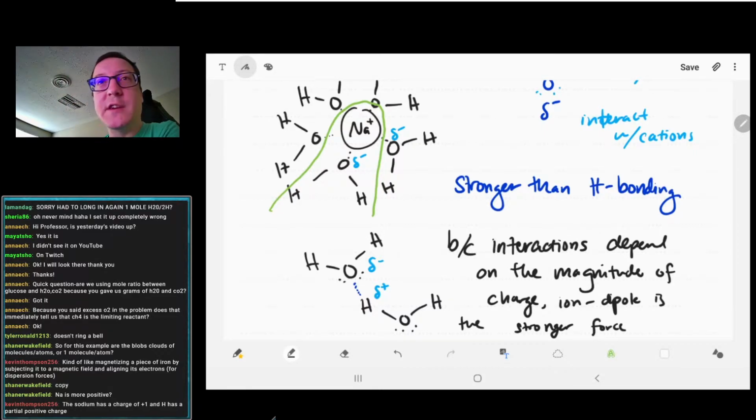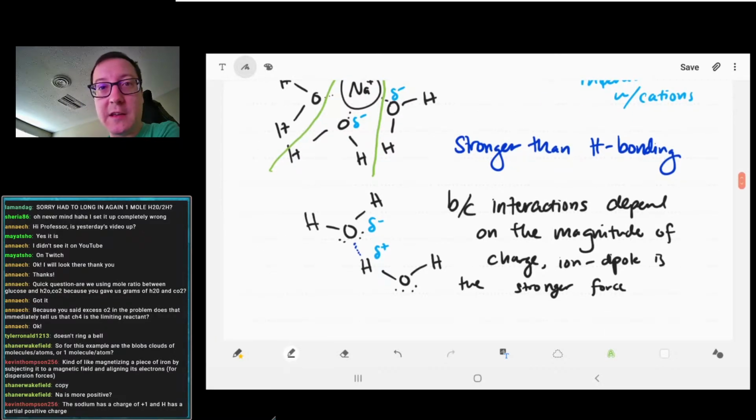Hydrogen has a partial positive charge. In your homework this week, you're going to learn how to calculate the partial charge. That's all going to be self-contained within the worksheet. It's going to give you the formula and the constants you'll need, so I'm just going to leave that to you. It's just using a formula to figure it out. You'll be able to see what the charges are. So, we have a charge of +1 and a charge of less than +1. Of course, +1 is a better option there. Okay, so ion dipole is going to be a stronger force.